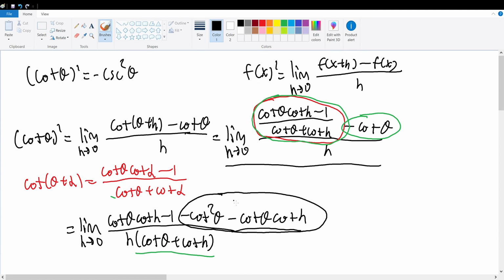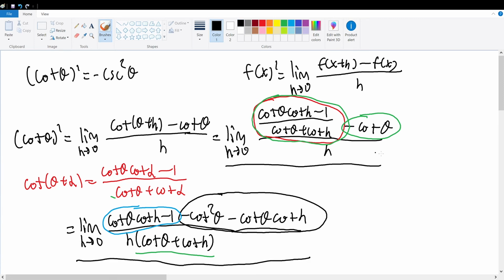This is the result from cotangent theta times our common denominator of cotangent theta plus cotangent h. And also, we combined it with our previous term, which is cotangent theta times cotangent h minus 1. So we combine these two terms to obtain this grand limit right here.